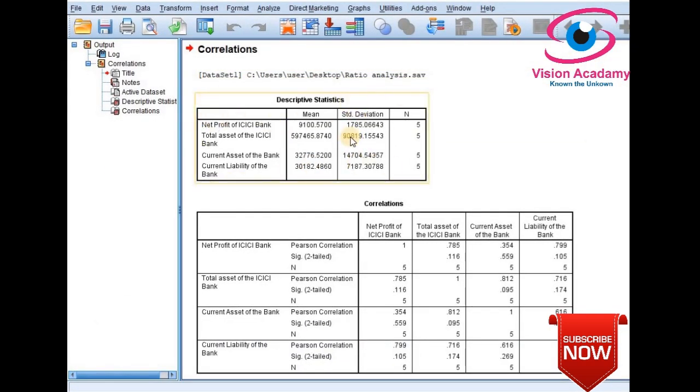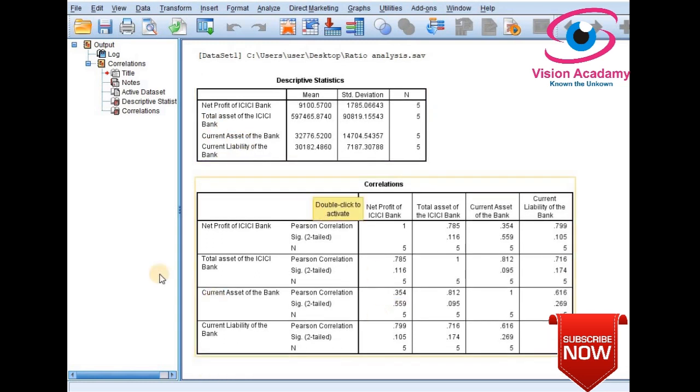This is the descriptive statistics of mean and standard deviation of the respective variables. Look here, very importantly, net profit of ICICI Bank correlates with itself, and these two we already saw in the earlier example. Now the special case is higher the net profit leads to higher the current liability.